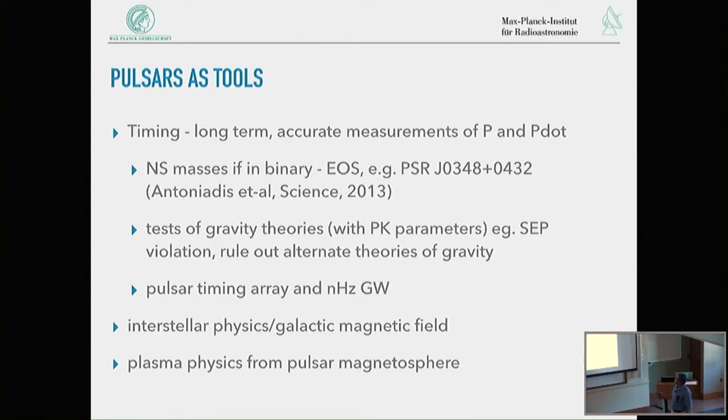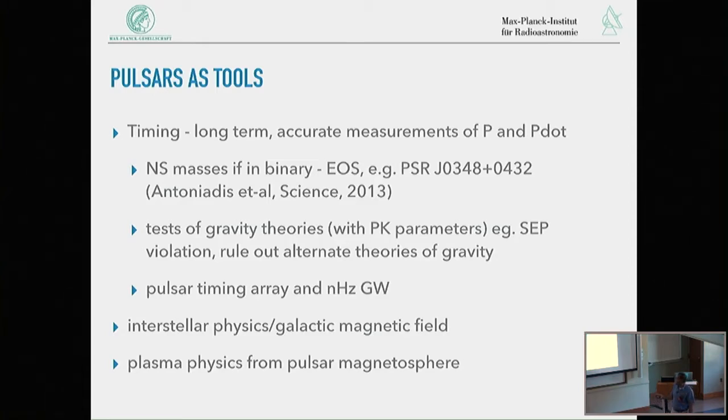With these, you can find out the masses of neutron stars if they are in a binary. In some cases, you can find a star that is more than 2 solar masses, as in this case, 0438 plus 0432, which has 2.01 solar masses, and that challenges a lot of theories of the equation of state.